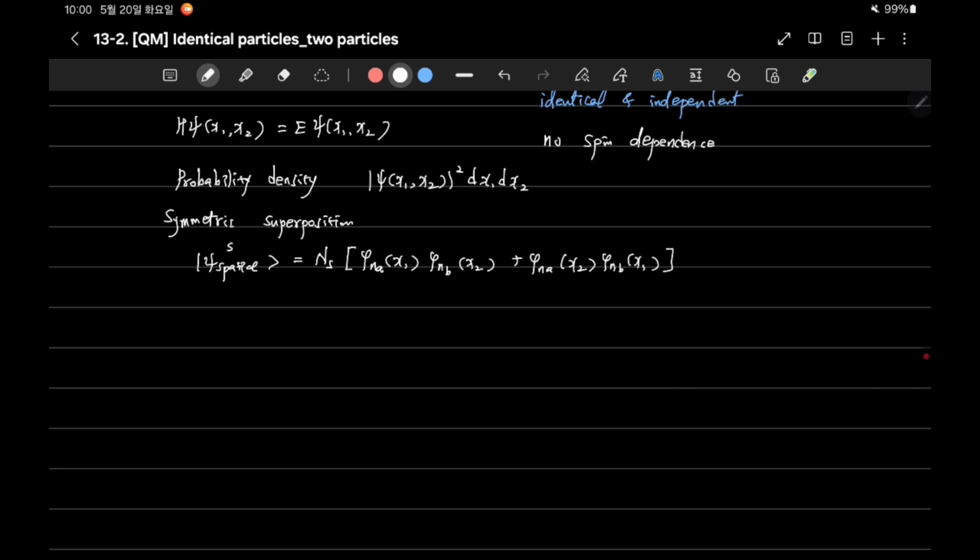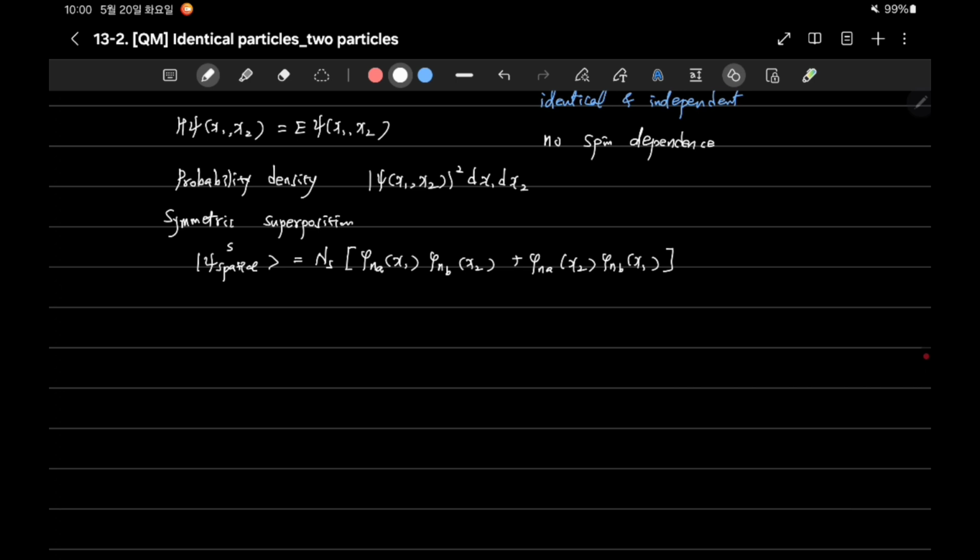It is an exchange of the two particles, symmetrized between x1 and x2.